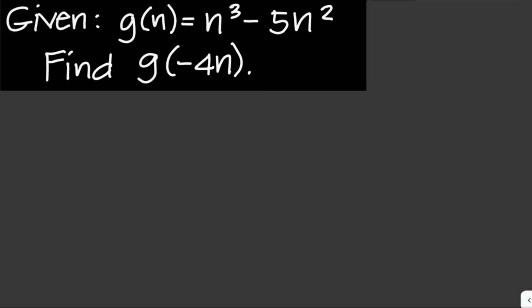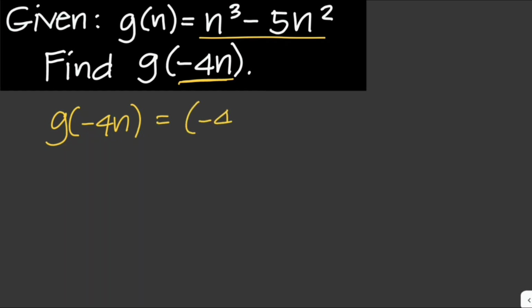Okay, given g of n equals n cubed minus 5n squared, we just have to find g of negative 4n. So we just have to plug in the value of the input here. So that would be g of negative 4n equals negative 4n cubed minus 5 times negative 4n squared.